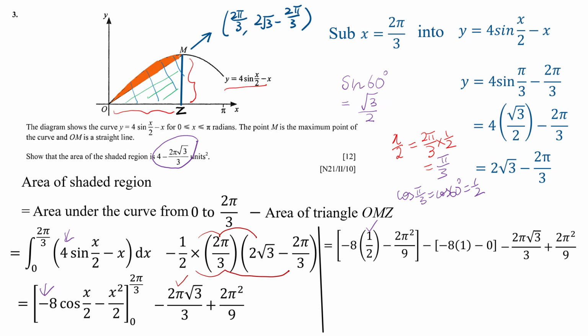And substituting your x to be 2 pi over 3, you will have 2 pi over 3 times 2 pi over 3 divided by 2. That gives you 4 pi squared over 9 divided by 2, which means times half. That gives you 2 pi squared over 9, and that explains this answer here.